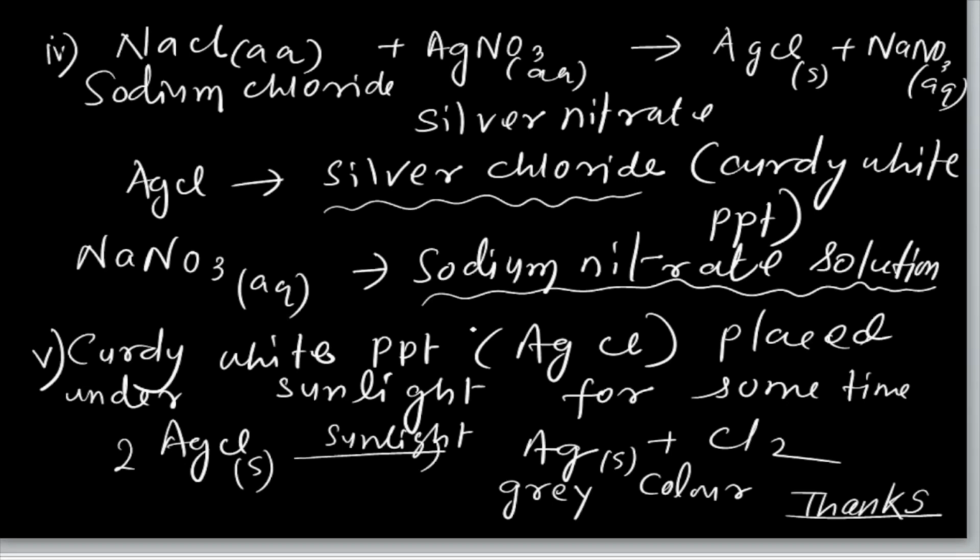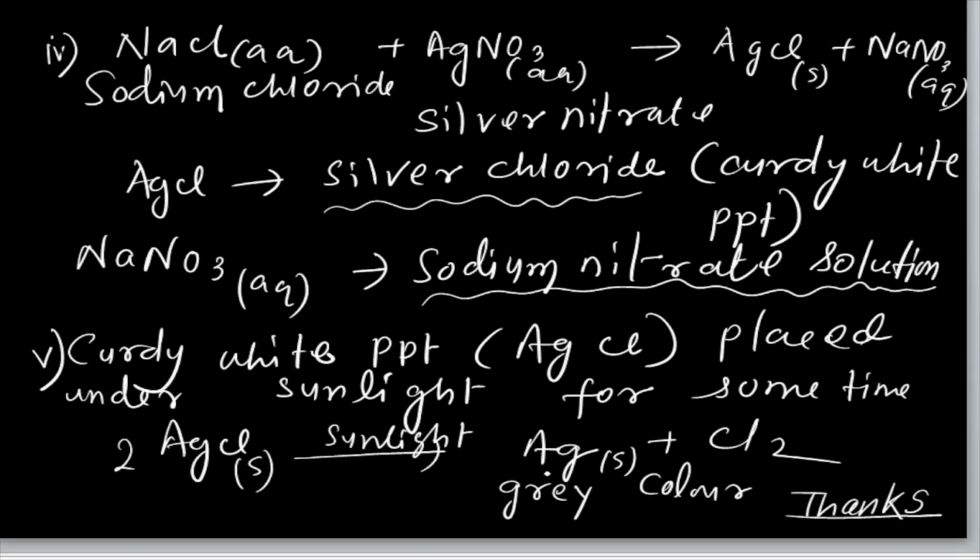The cloudy white precipitate, AgCl, is placed under sunlight. This silver chloride precipitate, if put in sunlight, produces grey silver and chlorine gas. Taking two, the chlorine molecule Cl2 is produced.